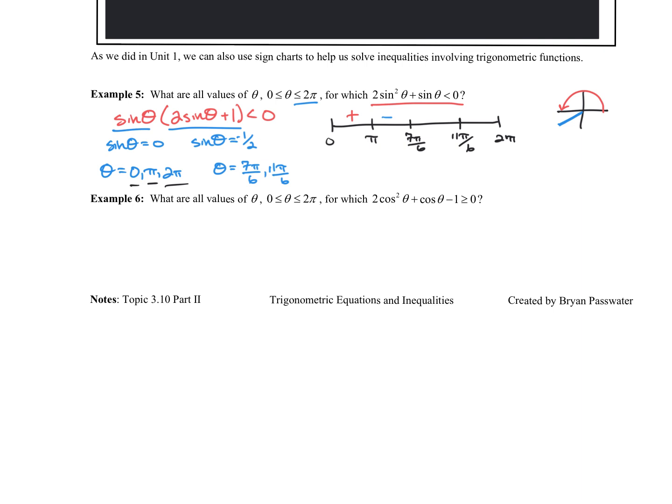This next part is between 7 pi over 6 and 11 pi over 6. Am I able to use an axis on this one? Yes, so I'm going to pick 3 pi over 2. What is the sine of 3 pi over 2? Negative 1. Then this factor becomes negative 2 plus 1, which is still negative 1. So now I have a negative times a negative, which is a positive.